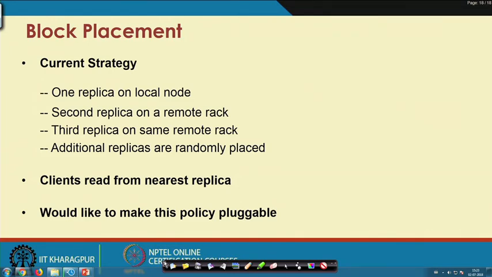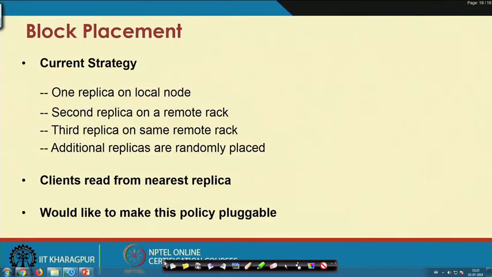Wherever the client is, the first replica of a block is written onto a local node if possible. The second replica happens on a remote rack.